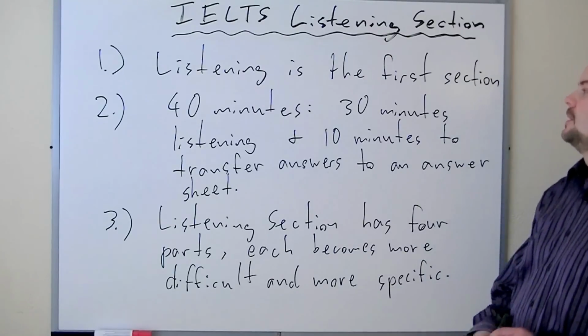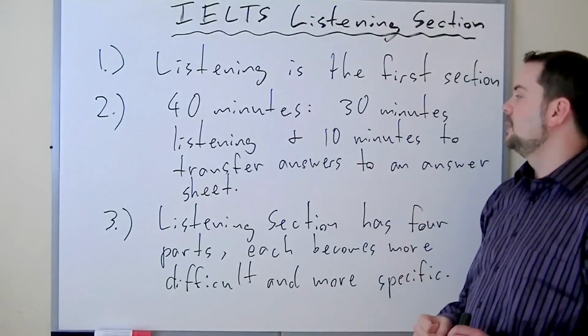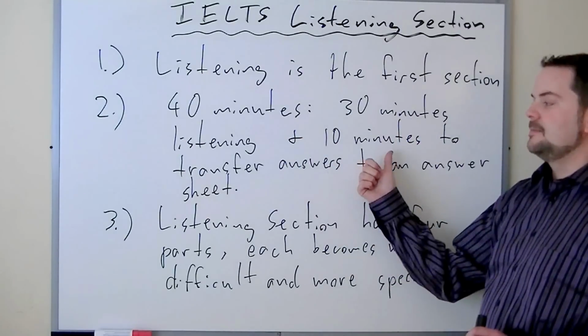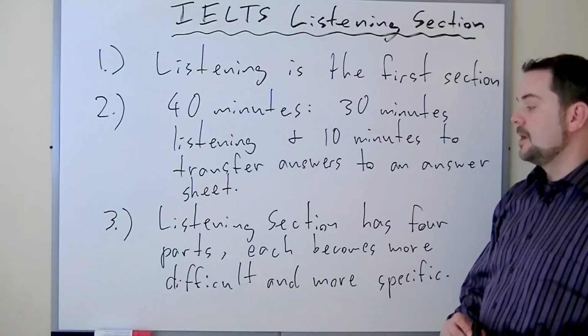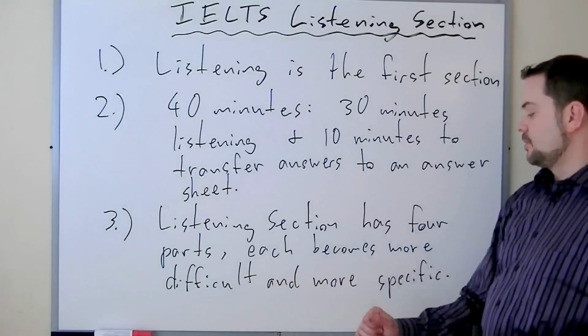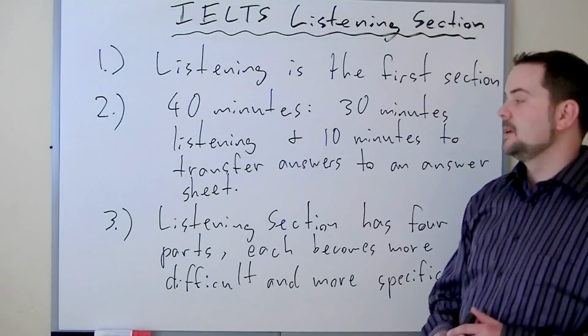Alright, so again, remember, listening is the first section. It's 40 minutes to complete, 30 minutes of listening, 10 minutes to transfer your answers to an answer sheet, and it has 4 parts. Each becomes a little bit more difficult, and each deals with more and more specific topics.